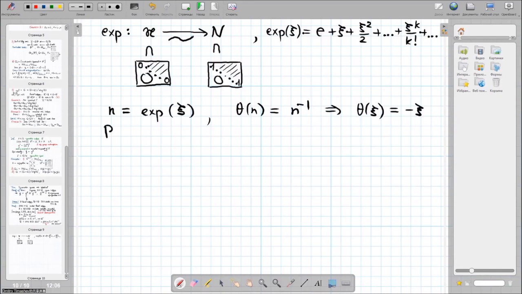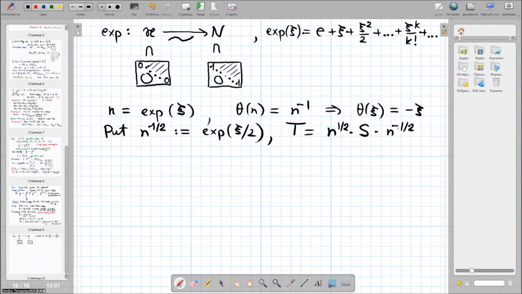Now we put n to the power 1/2 by definition to be the exponential of psi over 2. And take t to be the conjugate torus, the conjugate of s with respect to this element, n to the 1/2.